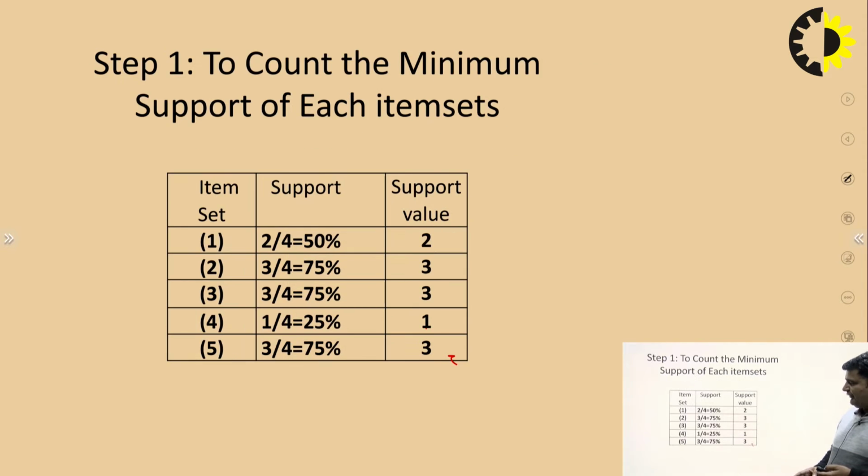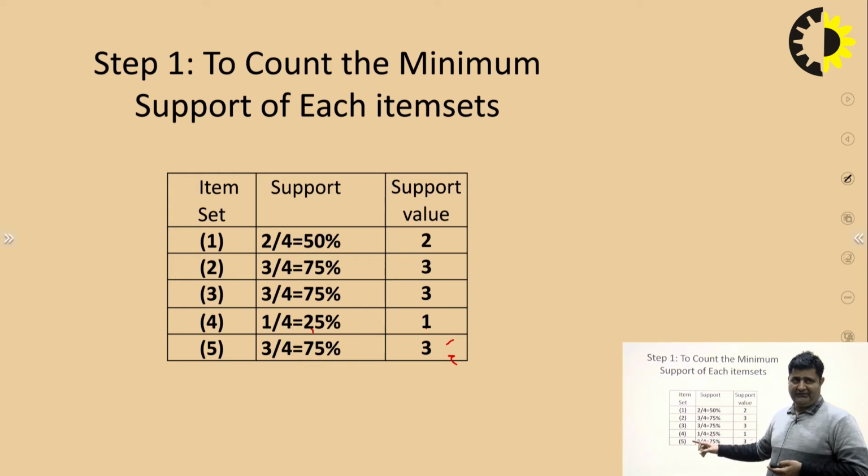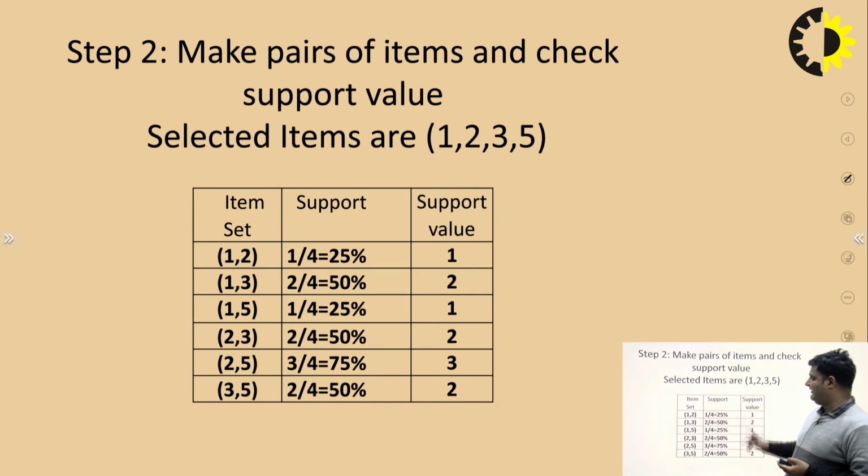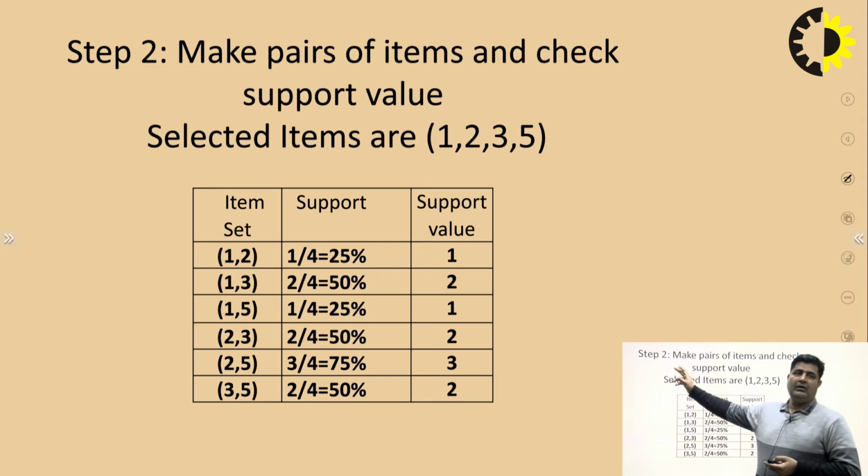In step 2, we remove element 4 from this, and we simply take only elements 1, 2, 3 and 5. So now we have taken elements 1, 2, 3 and 5 in step number 2.